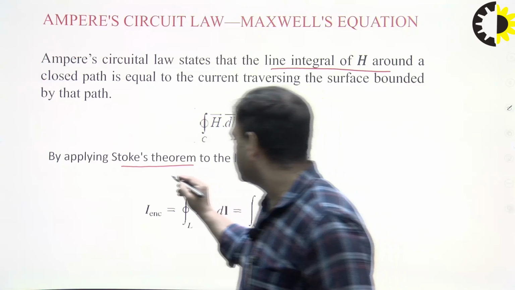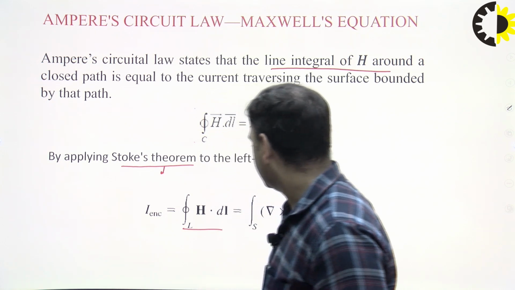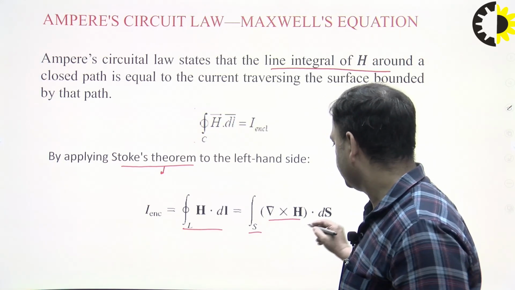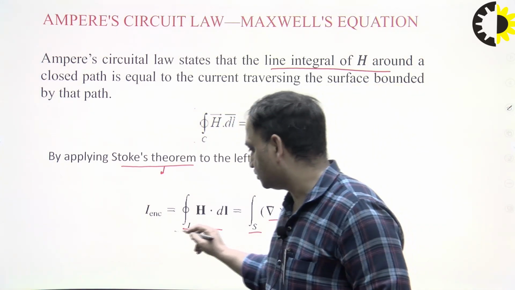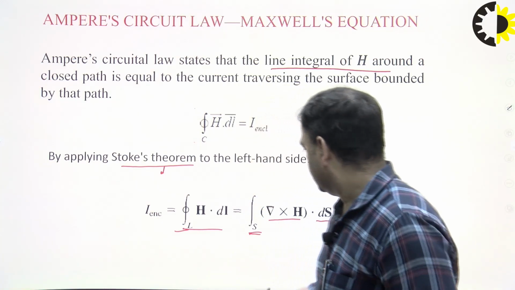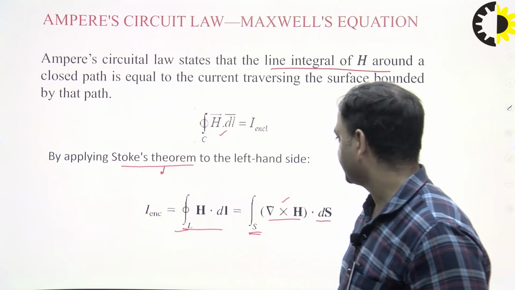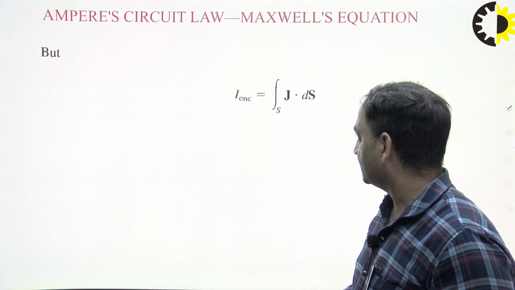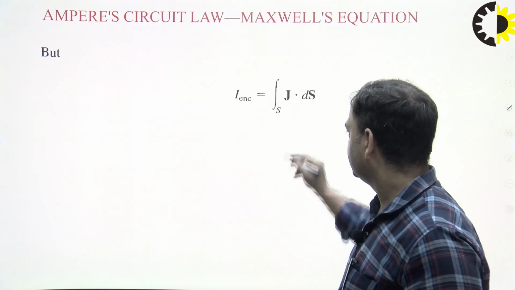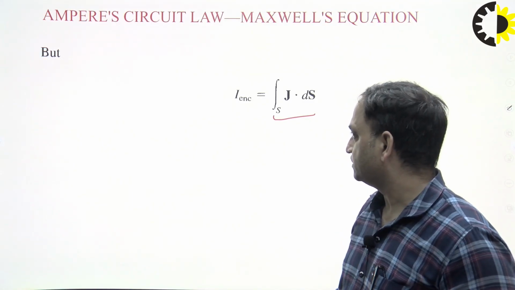We can write it as the closed line integral of H dot dl is equal to the surface integral of del cross H dot ds. This is equivalent to I enclosed. Before that, we must know that I enclosed is nothing but the integral of J dot ds; the current density passing through the surface is equivalent to the current enclosed.